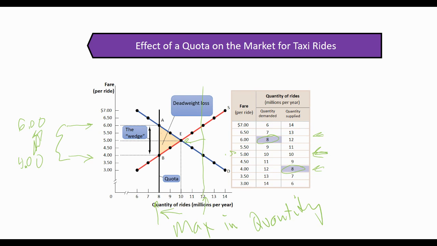You can see that this little part right here is consumer surplus loss, and this is producer surplus loss. And this little rectangle here is the money that's going to the government. Yay, government, right? Consumer and producer surplus lose some of that because of this quota rent.